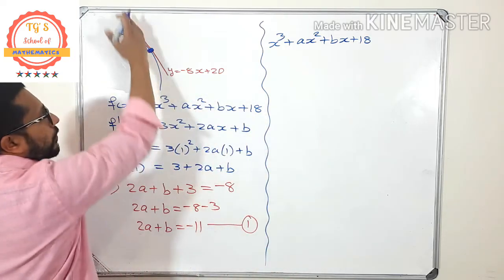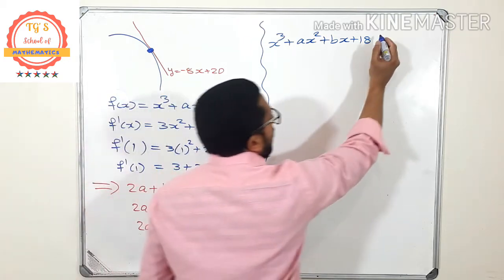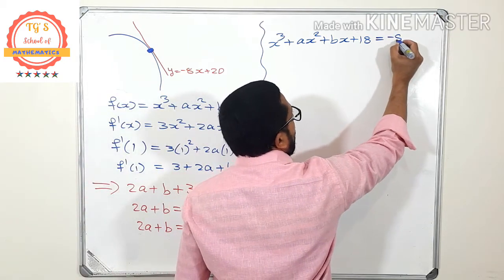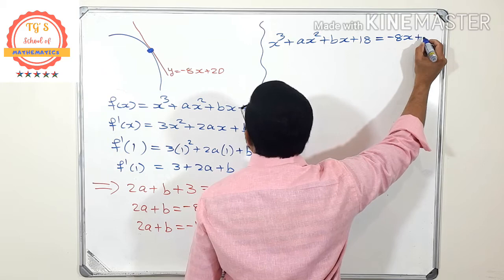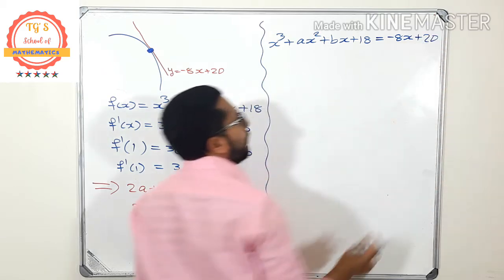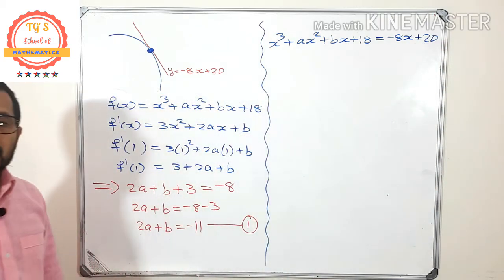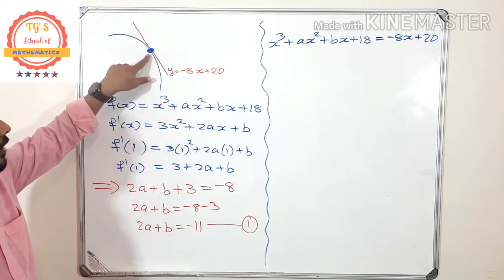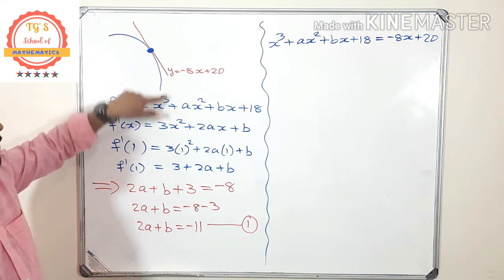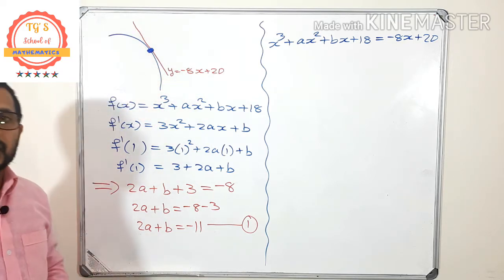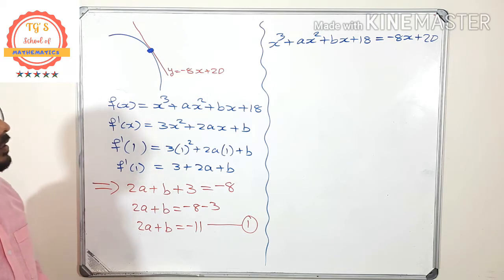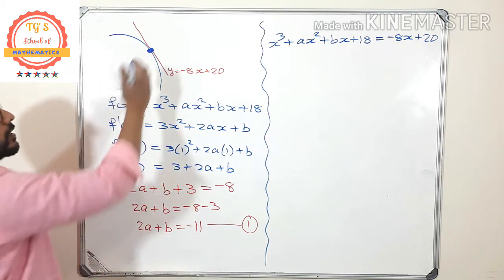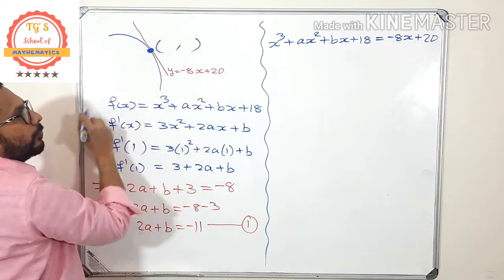And what is the equation of the tangent? That is the same as minus 8x plus 20. Why I wrote it like that? Because at this particular point, the equation of the curve and the equation of the tangent are the same thing. Okay, so at that particular point, what is the x value?